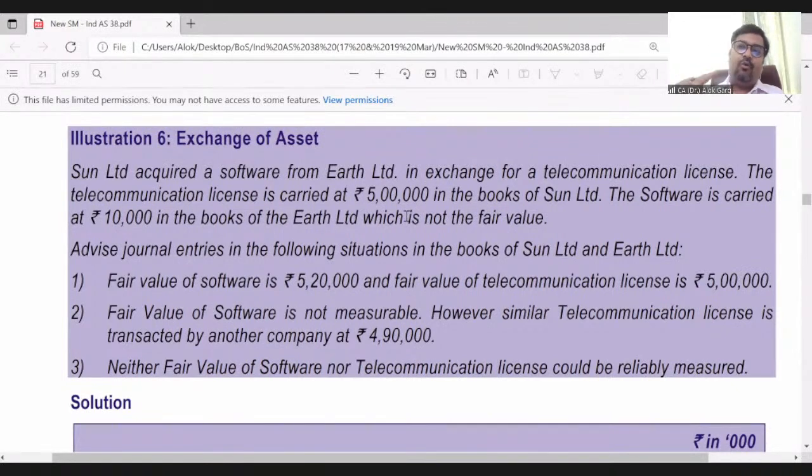In that case, we have gone with the first priority of fair value of asset surrender. In the second situation, the fair value of asset acquired was not there, but the fair value of asset surrender was there. So again, our first priority was fair value of asset surrender. In the third situation, neither of the fair values was there. So we have gone with the carrying value or WDV of the asset given up, right? I hope it is clear to everyone.